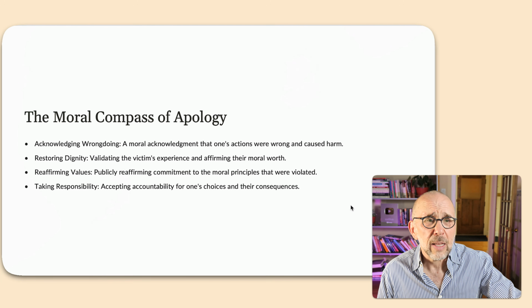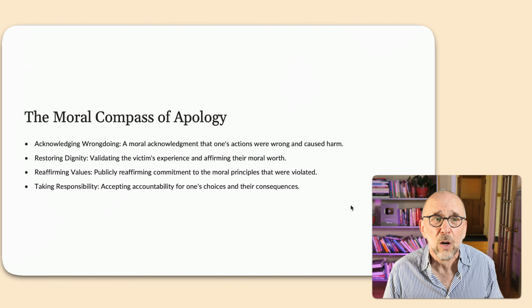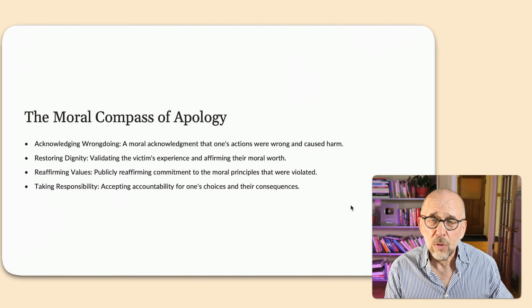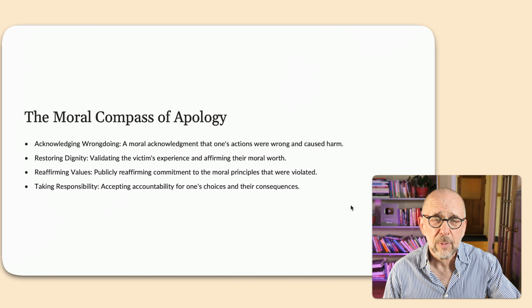So what's going on morally in an apology is this moral acknowledgement that what you did was wrong and caused harm. One of the goals of the apology is to restore the dignity of the person that was harmed. Because when we transgress a moral norm, when we lie or cheat or steal or do something like that, one of the messages that the transgression communicates is, you are not worthy.